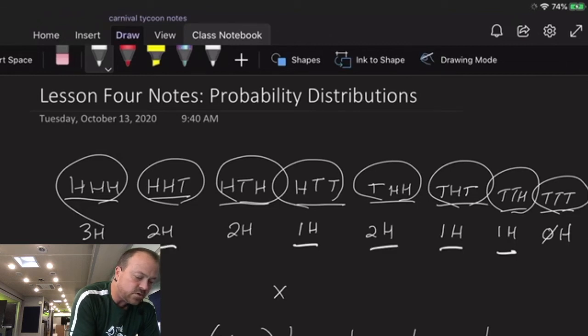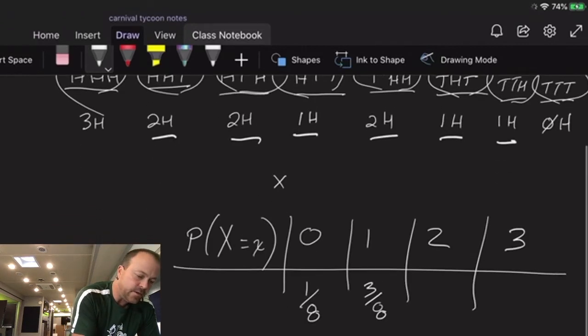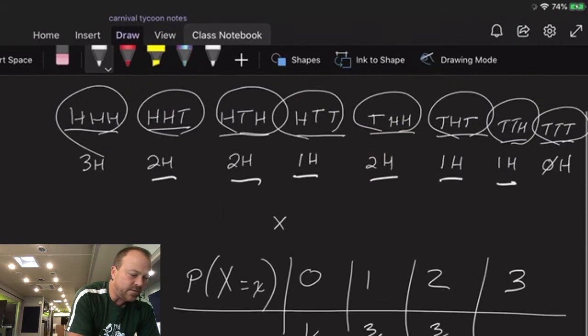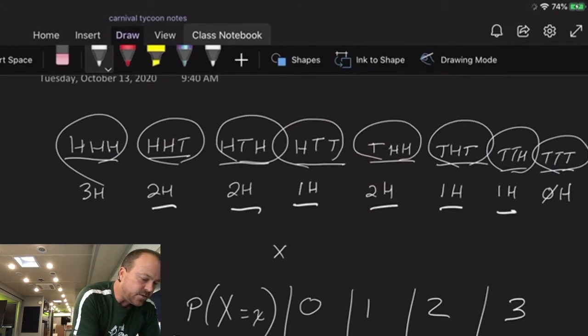And let's count up the 2's. 1, 2, 3. So again, it's 3 out of 8 for 2's. And we already know that's 0.375. And finally, 3 heads. There is only 1 of those.